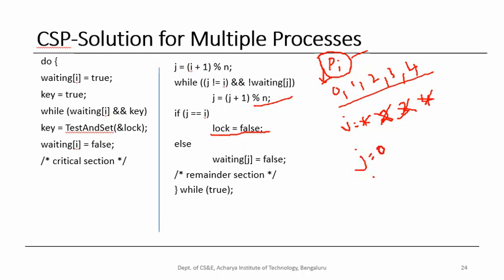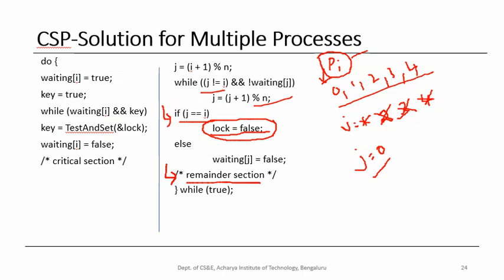The moment the j value becomes 0, this condition is false. j not equal to i is false. j is equal to i. So therefore it will execute this if statement. Whether j is equal to i? Yes. So it makes lock equal to false. It will not make waiting of some other process false because no other process is waiting. So therefore it makes the variable lock's value false and goes into the remainder section.